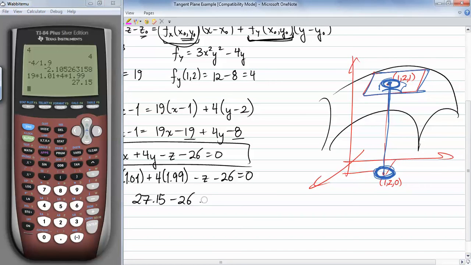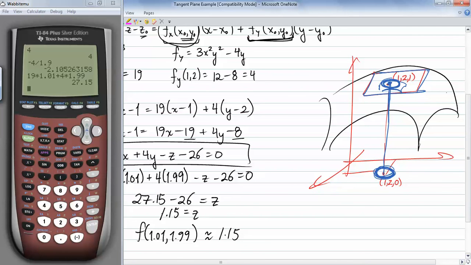So I'm going to bring the z over. And so if we do that, that's 1.15 equals z. So the approximation for f of 1.01, 1.99 is about 1.15.